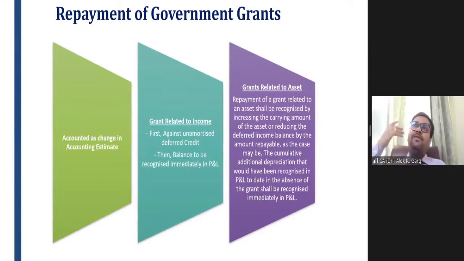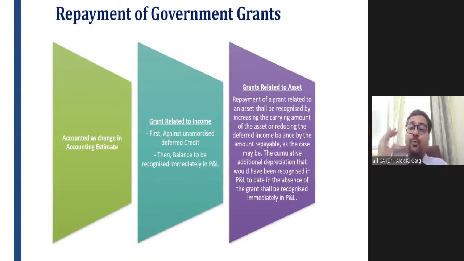The company in the first year, second year, third year was saying we are reasonably sure that we will be able to comply with the condition and the grant is recognized.